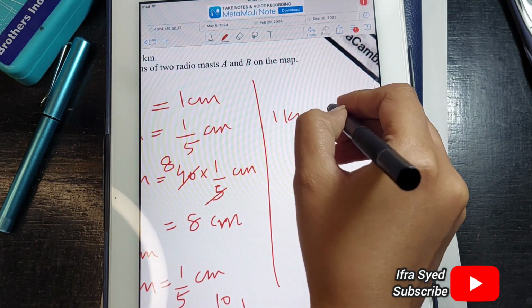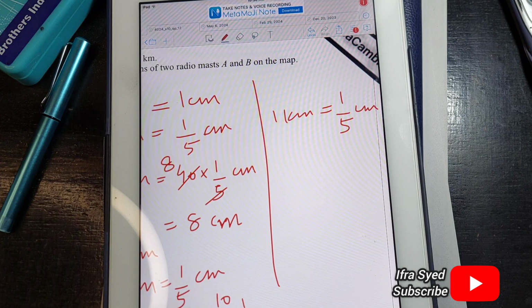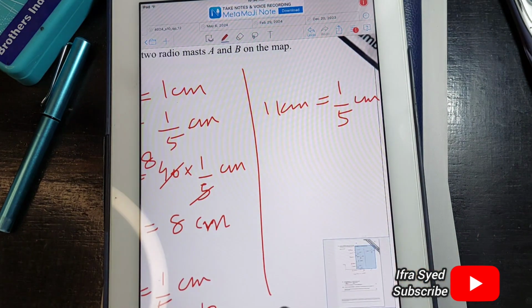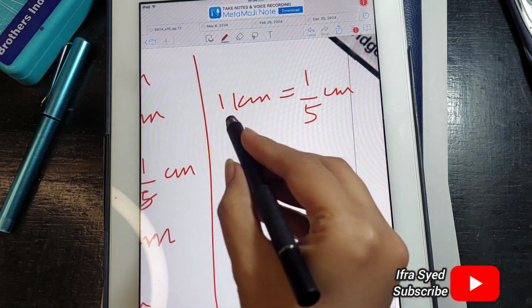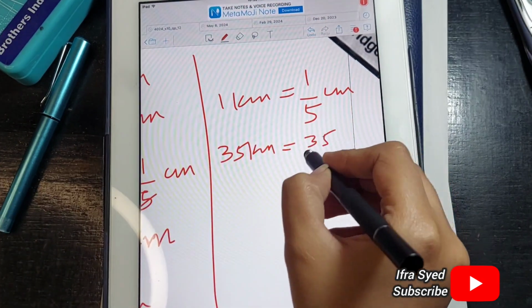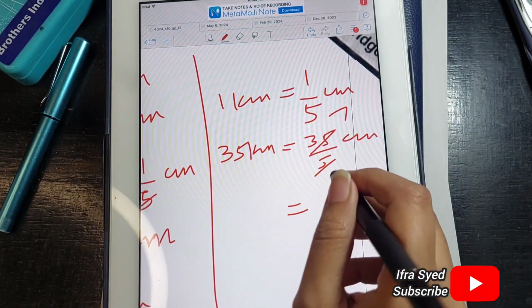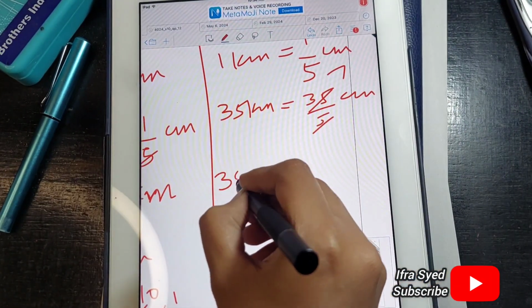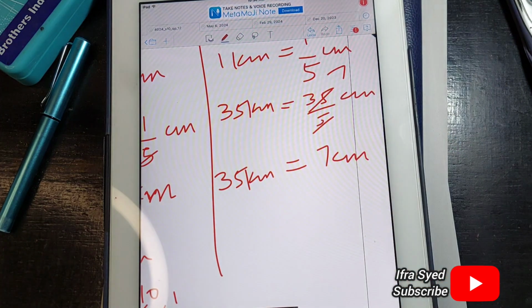For finding 35 kilometers in centimeters, I multiply 35 on both sides. So 35 kilometers is equal to 35 by 5 centimeters. 5 into 7 is equal to 35. So 35 kilometers is equal to 7 centimeters on the map.